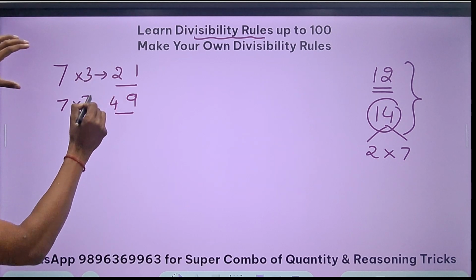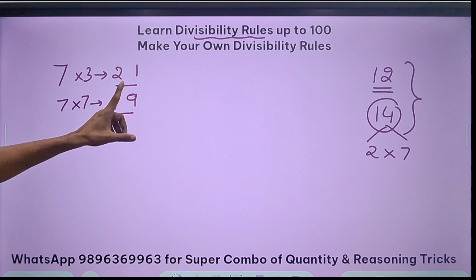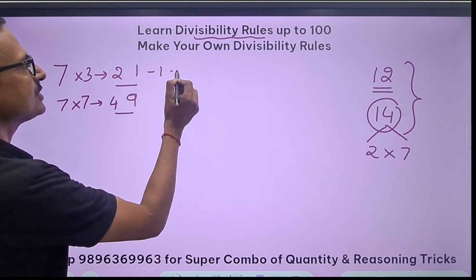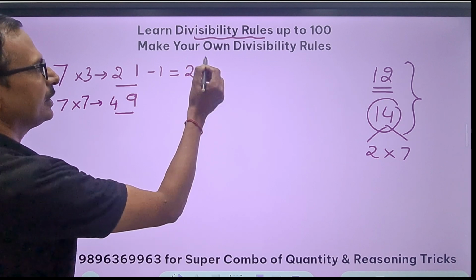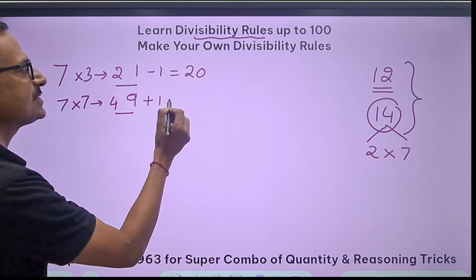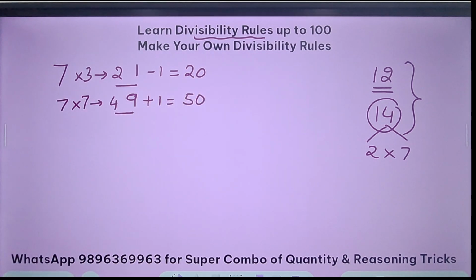So these are the two ways I can get to a number ending in 1 or ending in 9. Now if I subtract 1 from 21, I get 20, a rounded number of tens, and if I add 1 to 49, I get 50, again a rounded number of tens.